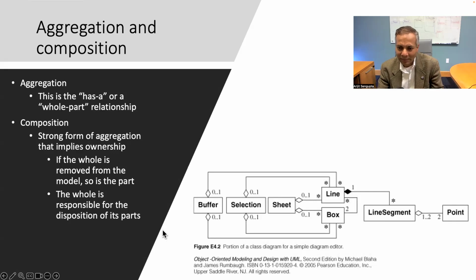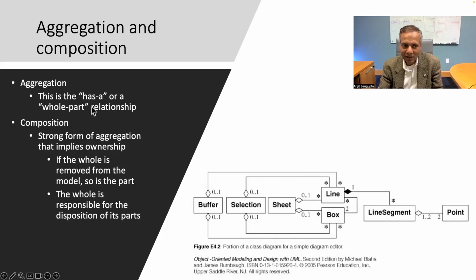Let's now talk a little bit about something more advanced than association. This is where things become important in object-oriented design, because now we are actually seeing who controls, who manages these associations. So there are two different things we're going to be talking about here.